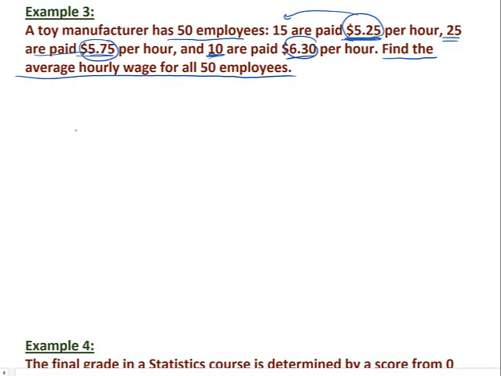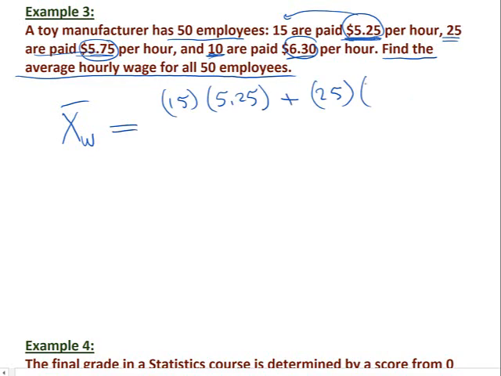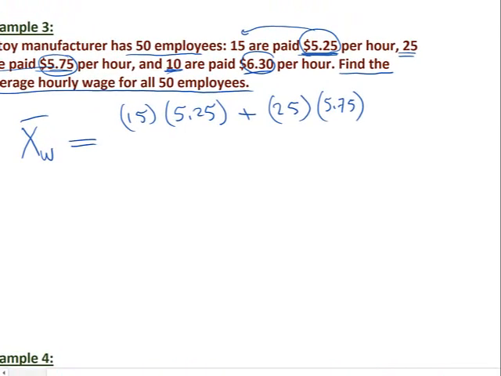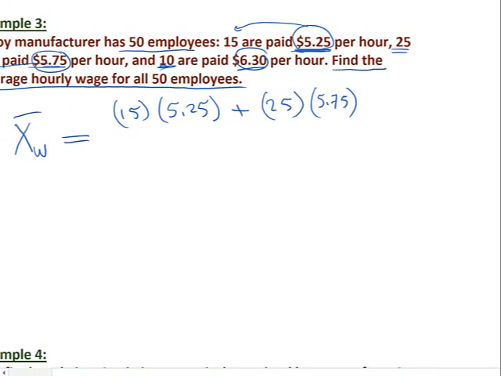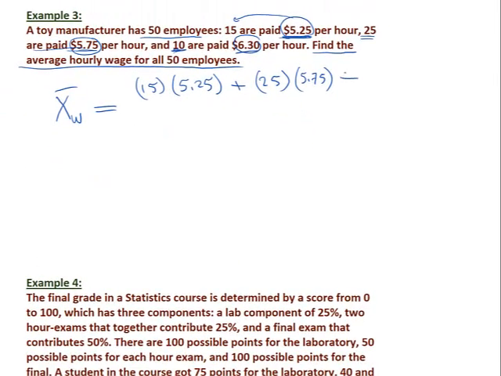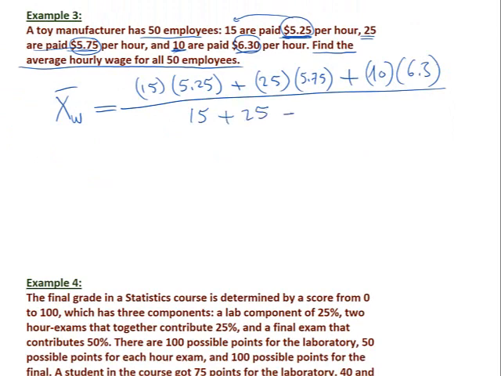In fact, this is x bar w equals 15 times $5.25 plus 25 multiplied by $5.75 plus 10 multiplied by $6.3, divided by 15 plus 25 plus 10.